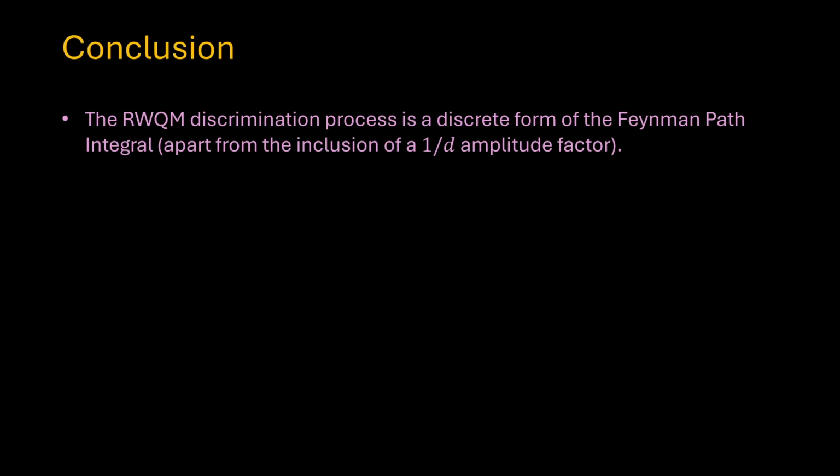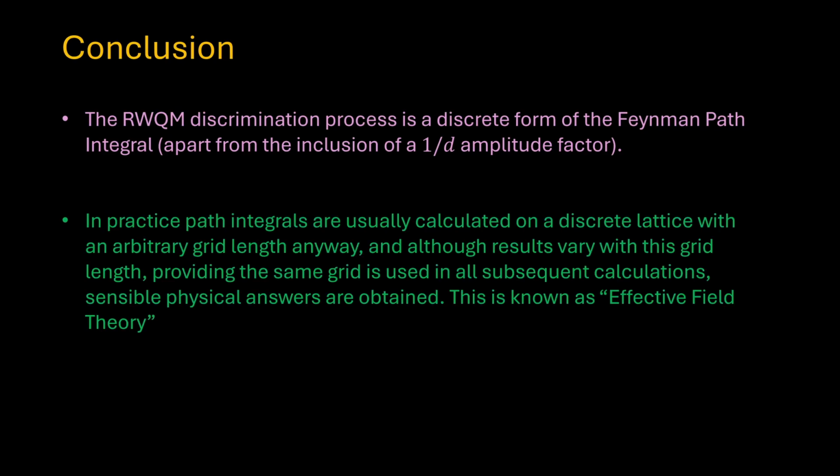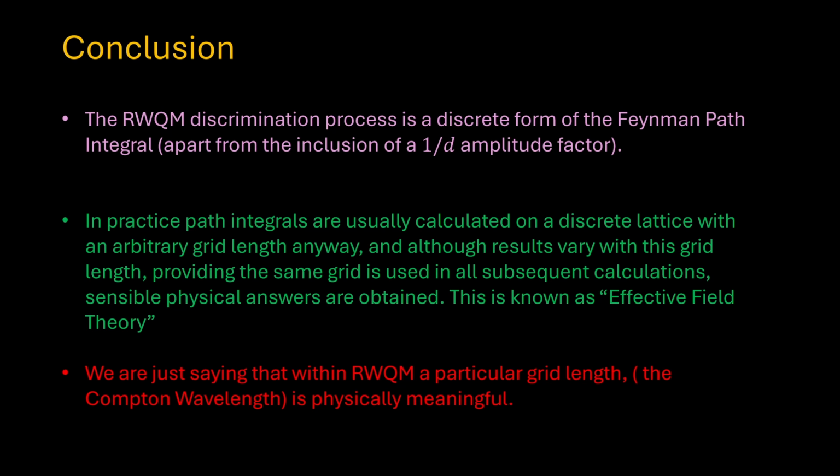And we note that in reality, path integrals are usually calculated on discrete grids in what is known as effective field theory. The choice of grid size does not ultimately affect the results. We are just saying that a grid size of the Compton wavelength is in fact physically meaningful.